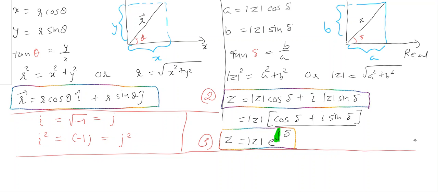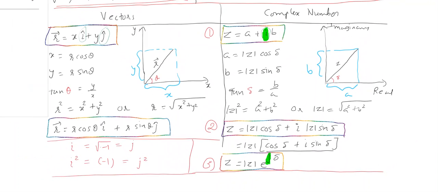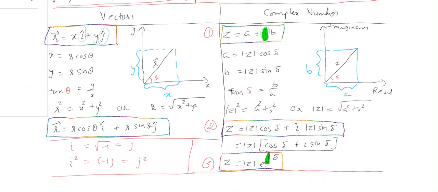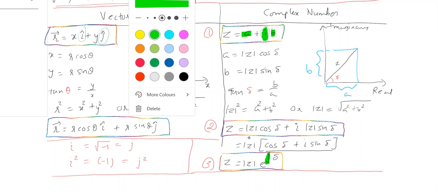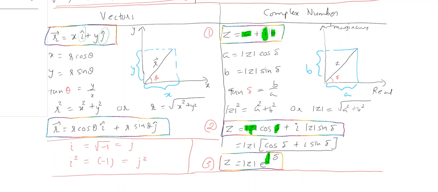So these are the three ways of expressing a complex number. First one is if you know the real and imaginary part of the complex number. Second way is to express in terms of magnitude and phase. Third one is called exponential form. So these are the three ways of expressing any complex number.